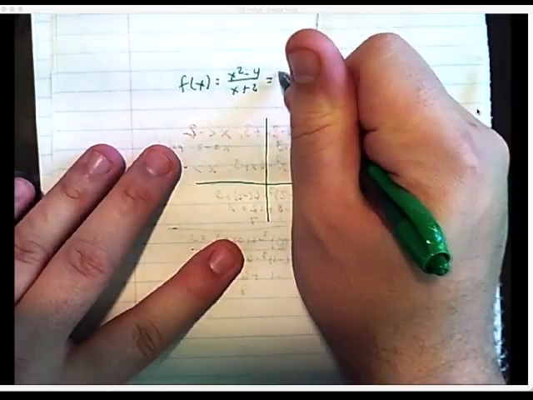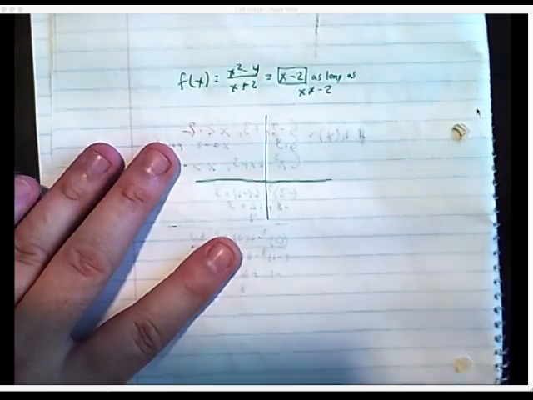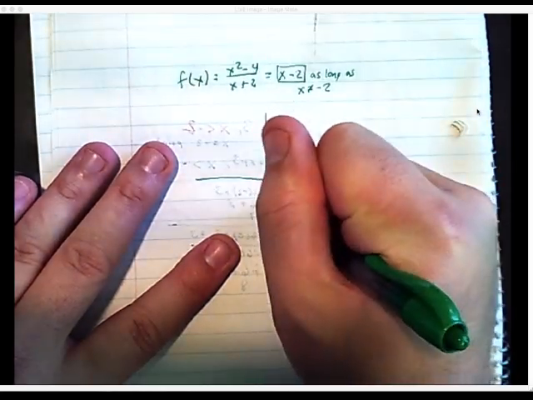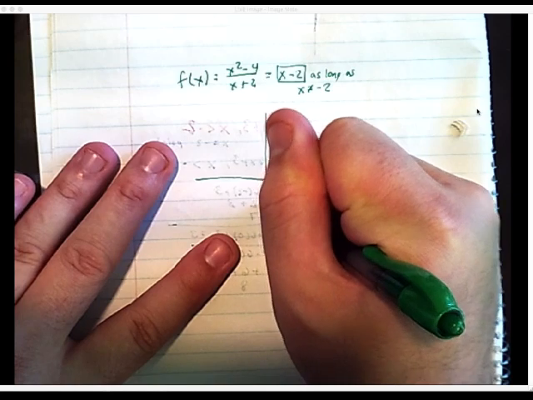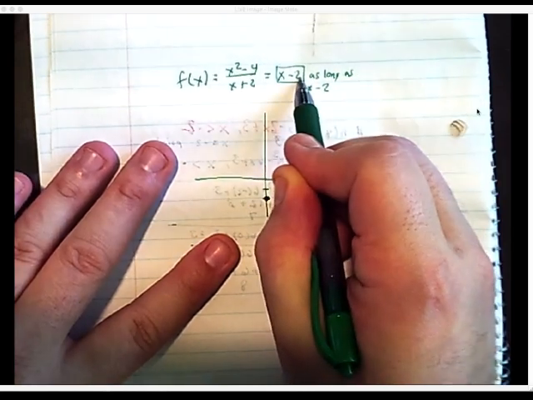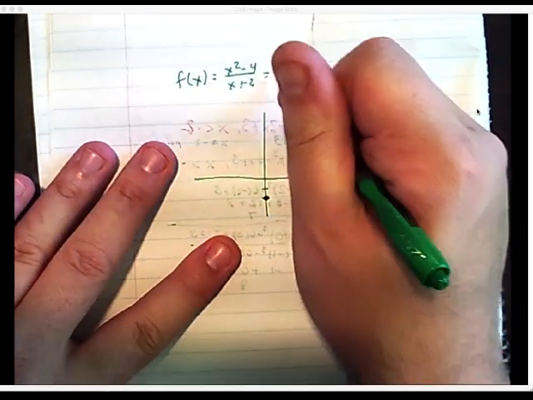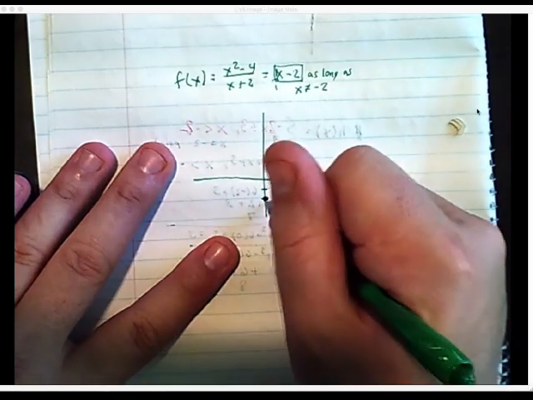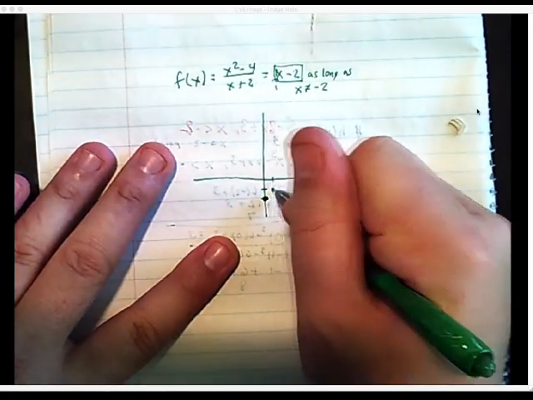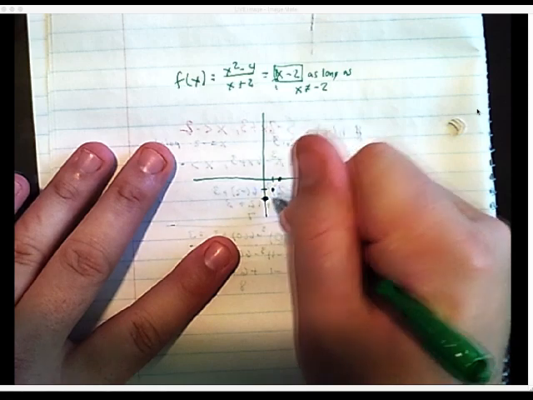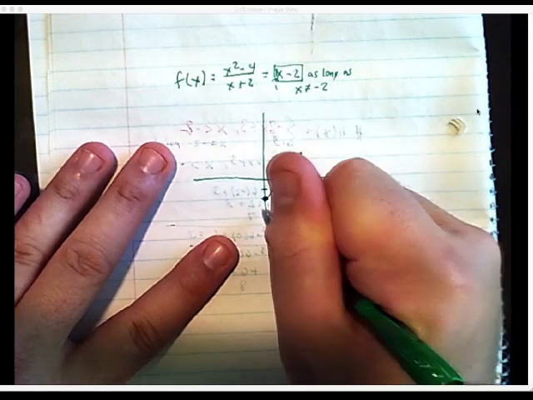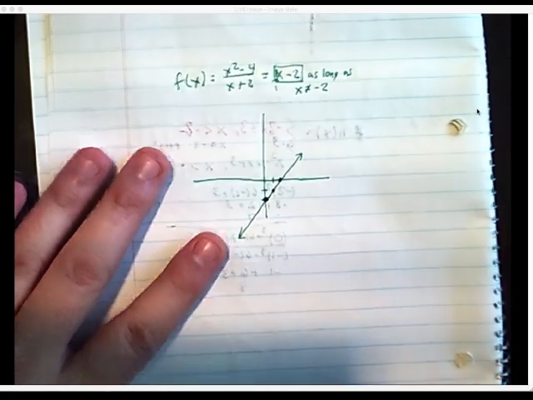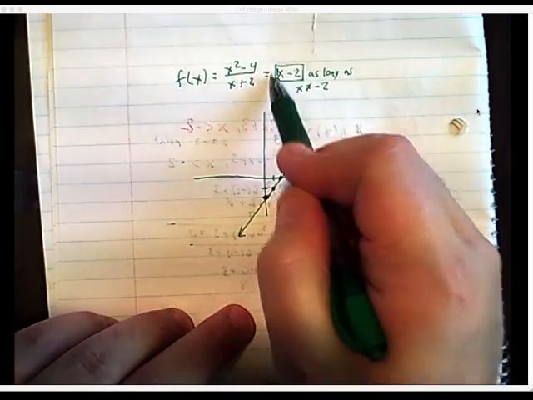So what does this graph look like? 1x minus 2. That means it has a y-intercept of -2, and its slope is 1, or 1 over 1. So rise 1, run 1. Rise 1, run 1. So the graph kind of looks like that. That's what this rational function looks like.